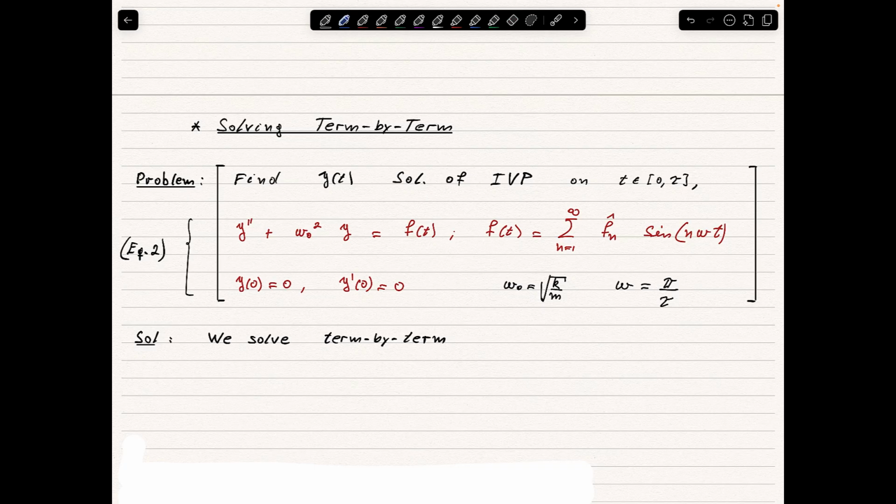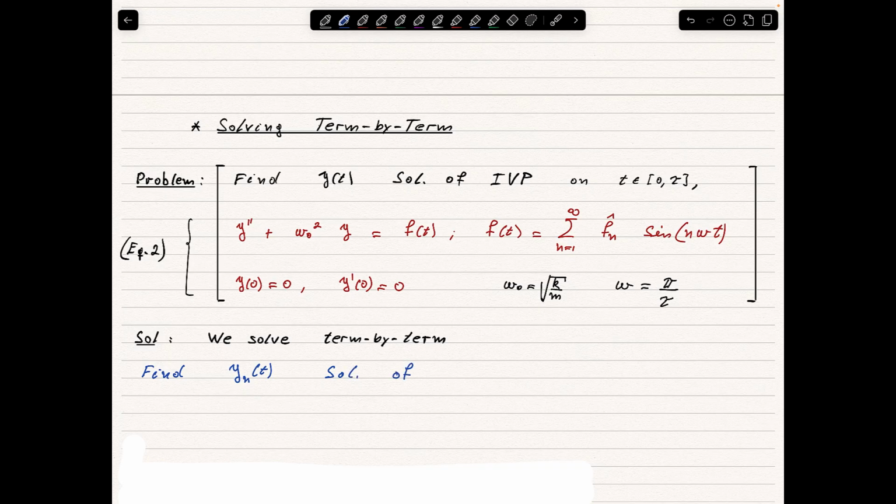Well, we want to find a function yn of t that is solution of the following equation.